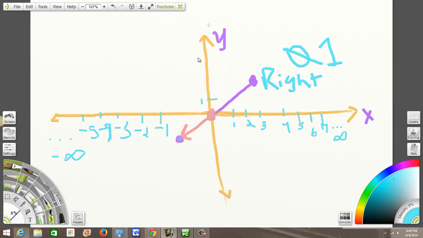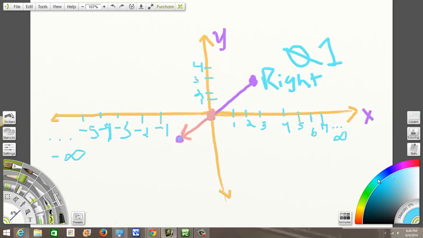So we got 1 on the y-axis, 2 on the y-axis, 3 on the y-axis, 4 on the y-axis. And what I want to say before we proceed is that the numbers have to be equally distant to each other. Unfortunately, I can't draw it equally distant, but you get the point.